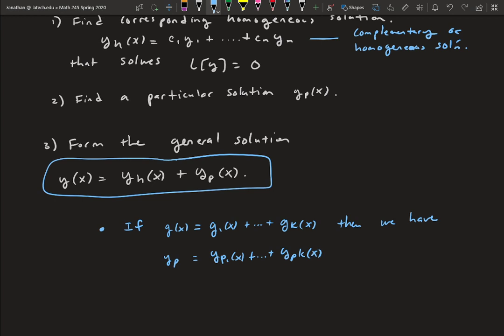So our particular solution would be a superposition of the individual particular solutions.